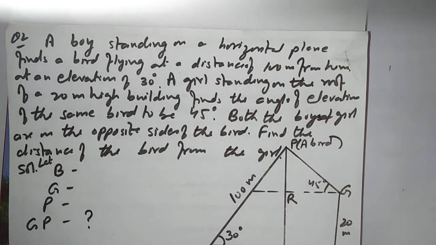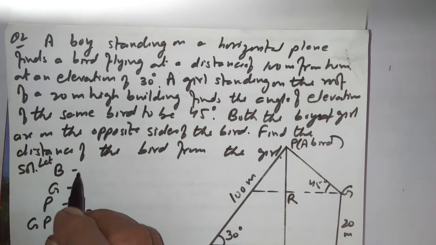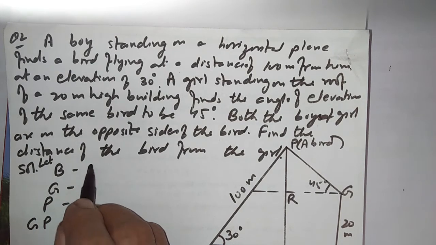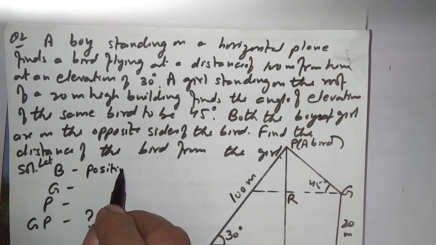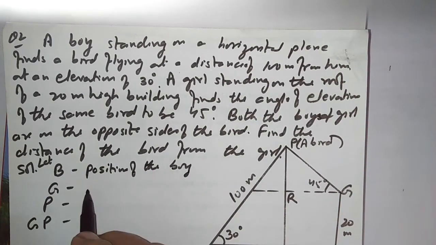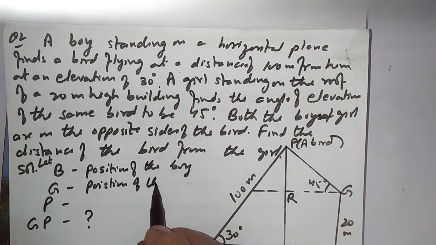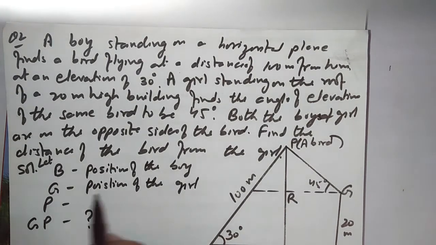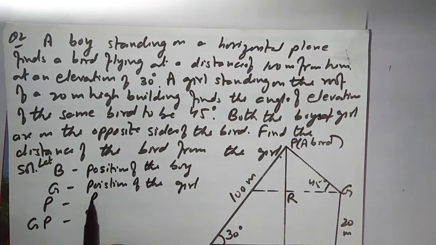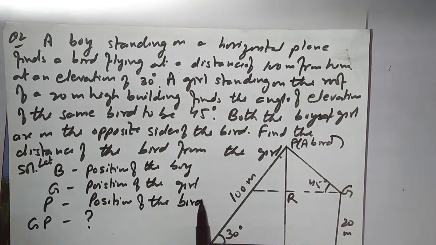So let us take B is the position of the boy, and G is the position of the girl, and P is the position of the bird.